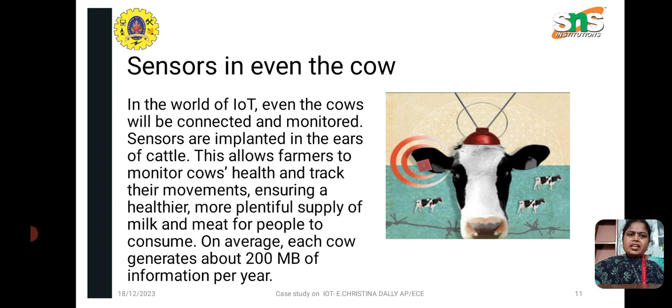The sensor is planted in the ears of the cattle, so farmers can easily track the cow's health and movements, since the cow's milk and meat are consumed by people. If it is not well, they can easily measure it. On average, each cow generates about 200 MB of information per year.